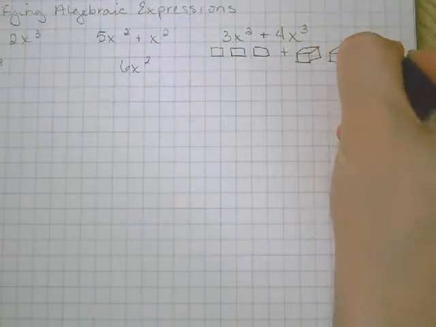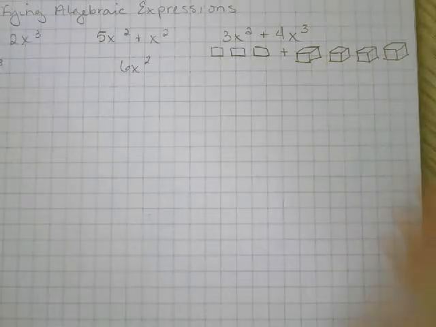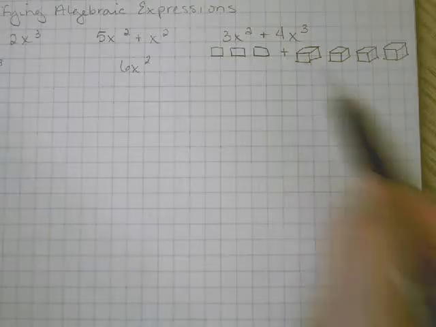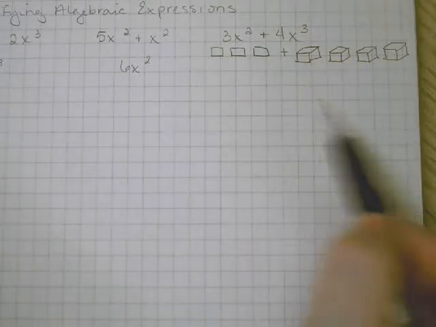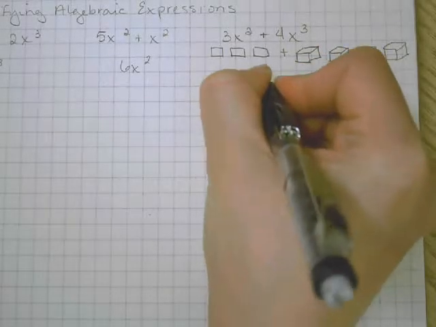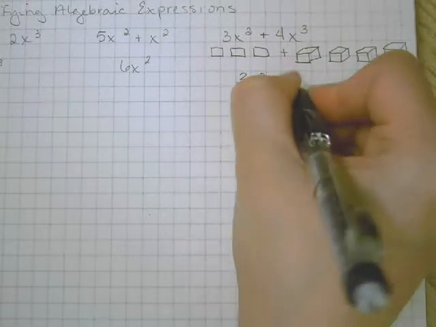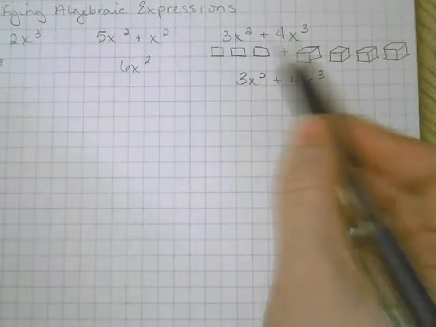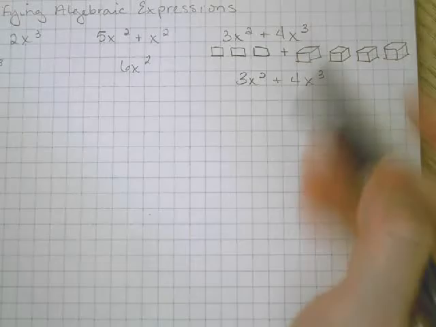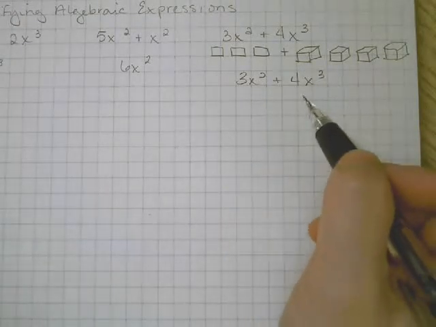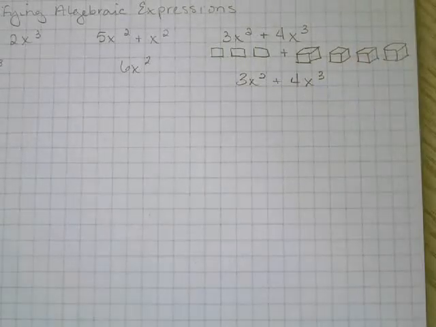So if I have 3 squares and I have 4 cubes, so 3x squared plus 4x to the third, I don't have 7 squares or 7 cubes. I still just have 3 squares, so 3x to the second, and 4 cubes, so 4x to the third. So I cannot combine these two because they're not like terms. So my answer is just the original problem because it cannot be simplified any further.